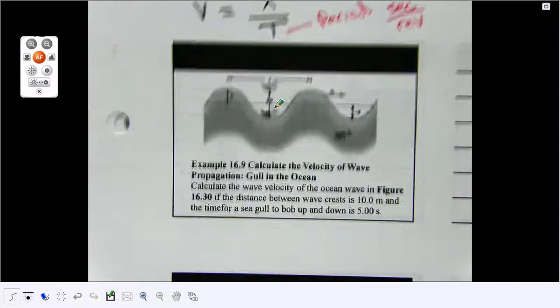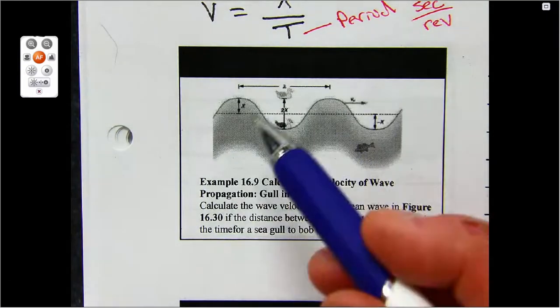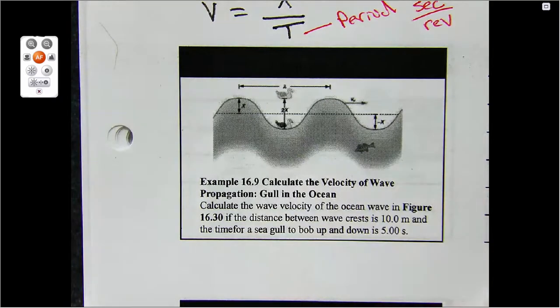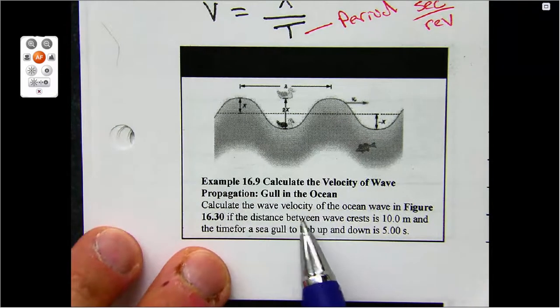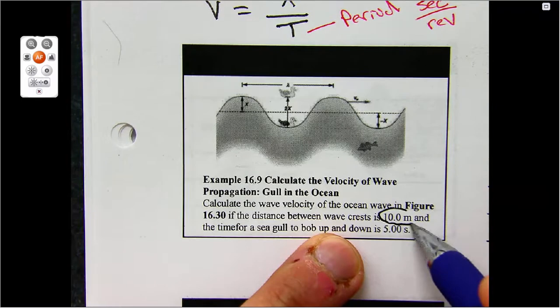Okay, so if we do this question here, again, these ocean waves are a combination of transverse and longitudinal. Calculate the velocity of a wave propagation, a gull in the ocean. The distance between crests is 10 meters.